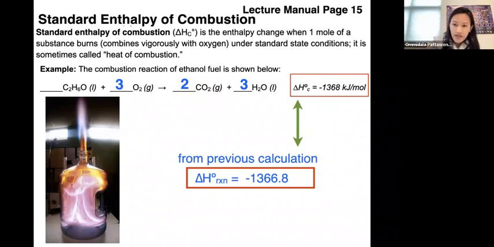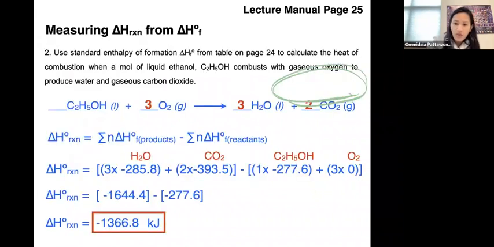I mentioned that this number right here, just hold on to it because we're going to calculate where it comes from later. So this is where it's coming from. This delta H of combustion, or the heat of combustion, comes from using the standard enthalpy of formation to calculate it.